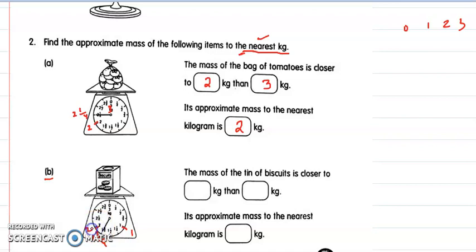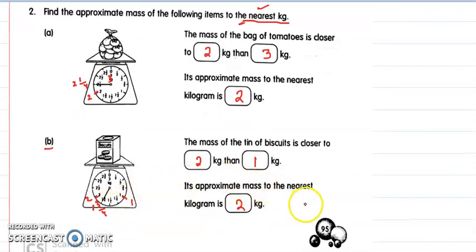So it is between 1 and 2, but it is closer to 2 than 1. So I will say the mass of the tin of biscuits is closer to 2 kilogram than 1 kilogram. So its approximate mass to the nearest kilogram is 2 kilogram because it is closer to 2 kilogram.